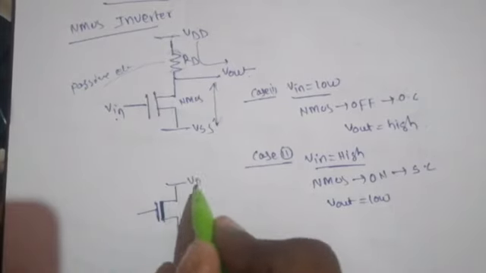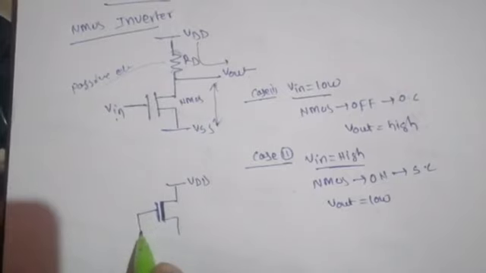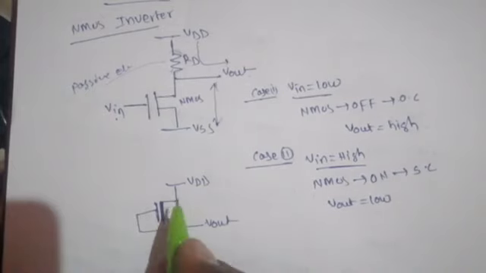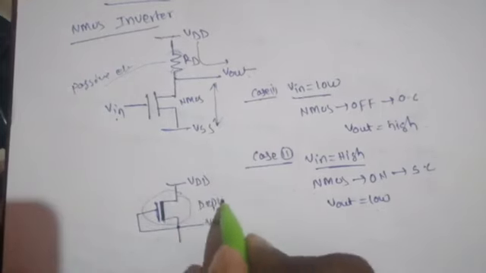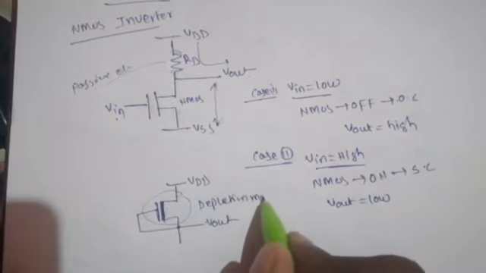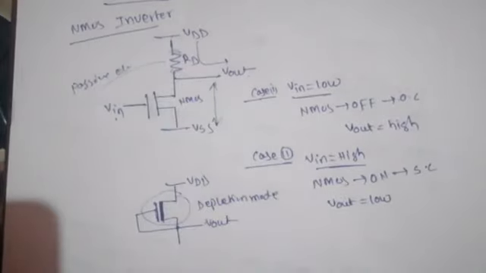So here the gate is connected to the source with output voltage. Why? Because we are not applying any gate voltage, it is having an inbuilt channel. So directly the VDD is passed through this one. This depletion mode MOSFET will act as a resistor.